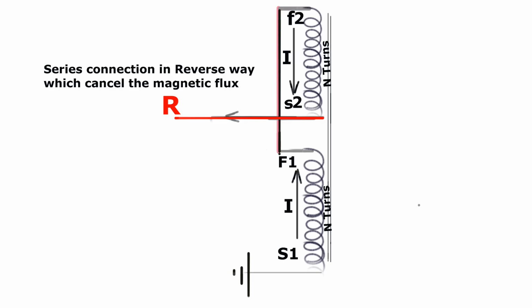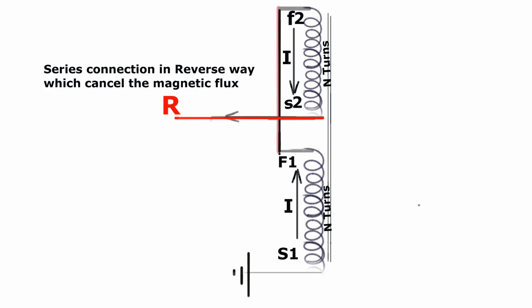If we had connected the coils on the same core, putting both coils in series in the reverse way, then what would have happened? Now when we connect the phase to neutral, the phase to neutral will get shorted because the flux produced by the bottom coil is opposed by the top coil of the same phase.